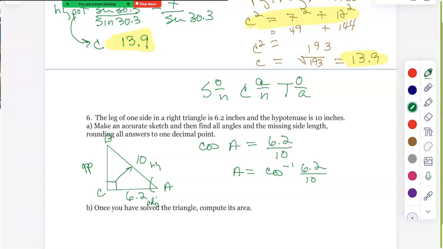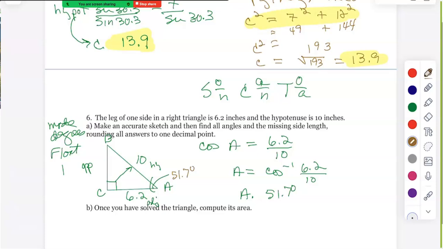Now this says round to 1 decimal point. If you're doing this in order, you should be okay, but your mode is degrees and your float should be on ones. Okay, so I get an angle of 51.7 degrees. So this angle down here is 51.7 degrees.